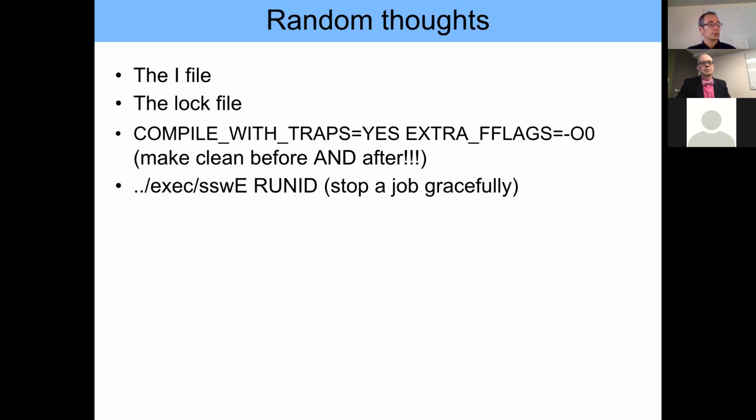If you go in this output directory, you will see a lot of things, and one of them is a file called I, uppercase I. This file is a transcription of the run deck that you used, in a stripped down version that contains no comments, no empty spaces, nothing. It just writes the useful lines, and that is the one that is actually being used as the model is running.